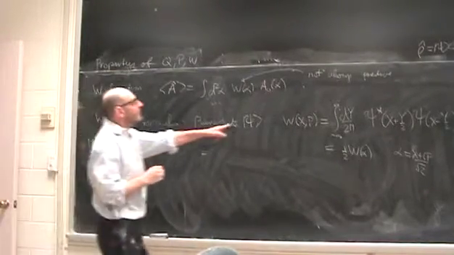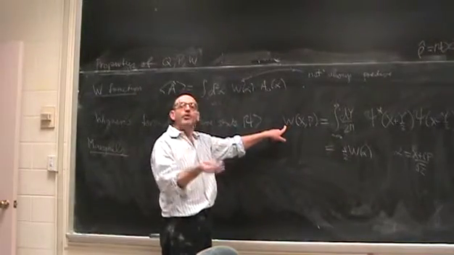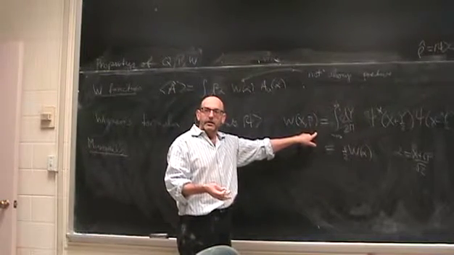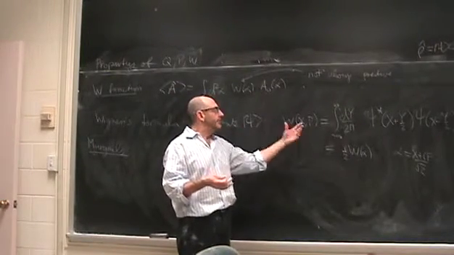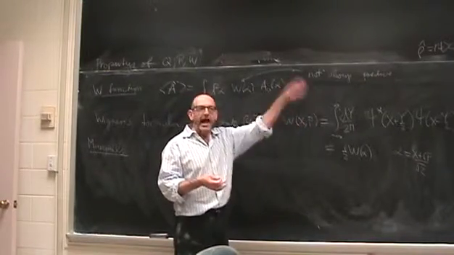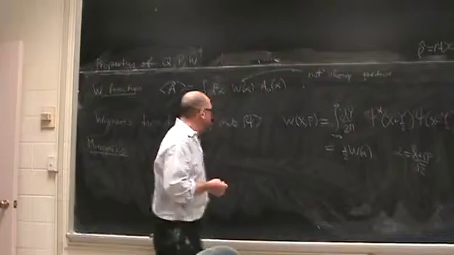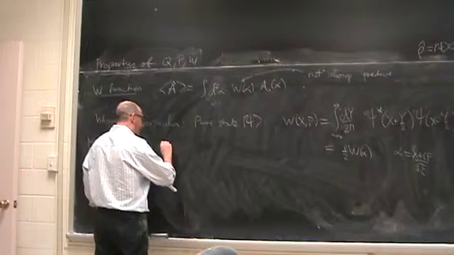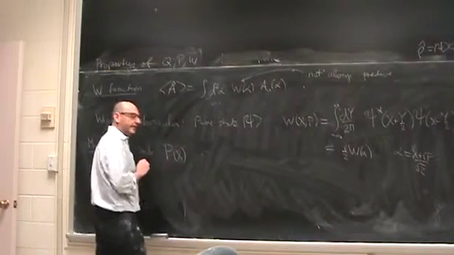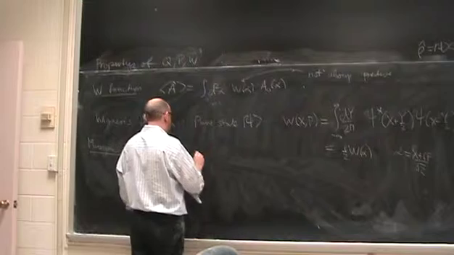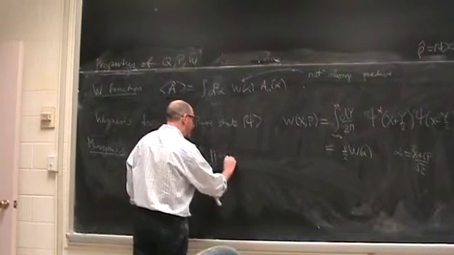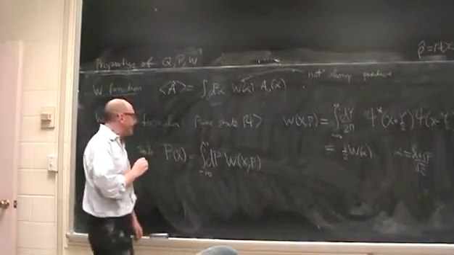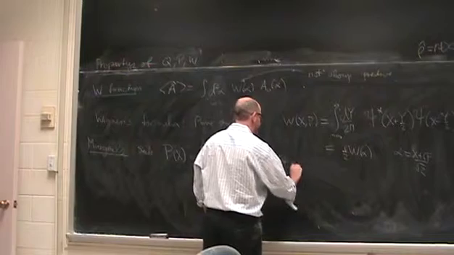What do I mean by that? Well, the Wigner function is supposed to represent something like a joint probability of the two variables, x and p. We could talk about the marginals as the probability distribution of one variable, averaging out all the rest. So what we seek is that the probability distribution of x, which is the integral over p of the joint distribution, is supposed to be the square of the wave function.